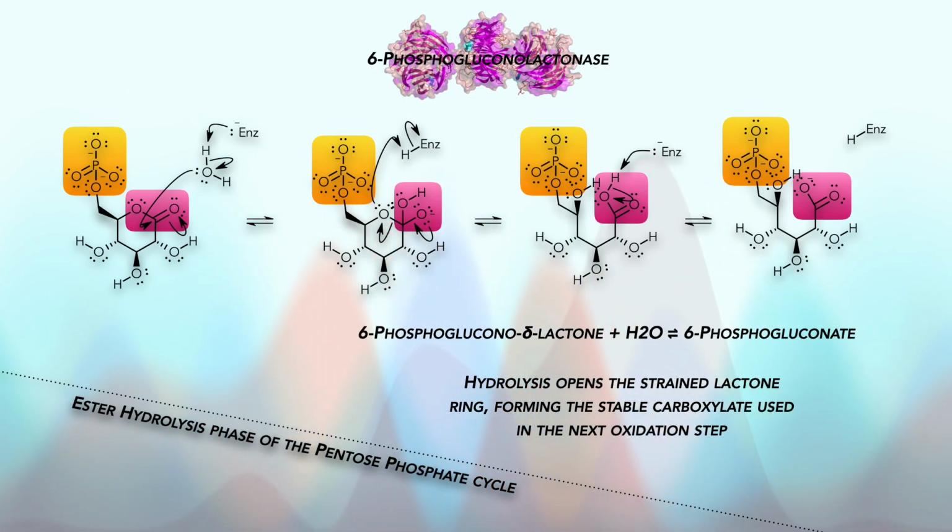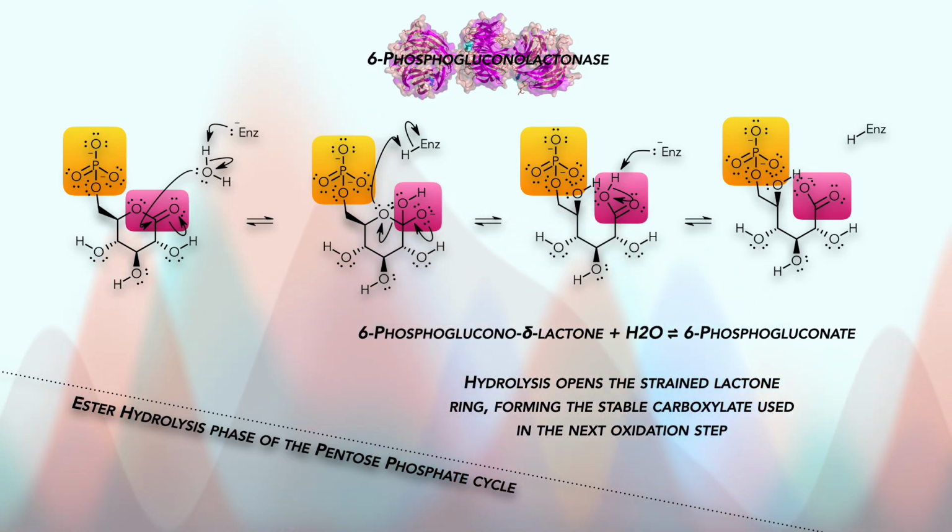With 6-phosphoglucanolactonase, we begin with the product of the former reaction, a lactone, which is an intramolecular ester. Water attacks the ester carbonyl, producing a tetrahedral intermediate. Collapse of that intermediate breaks the acyl-oxygen bond and opens the ring, yielding 6-phosphogluconate.